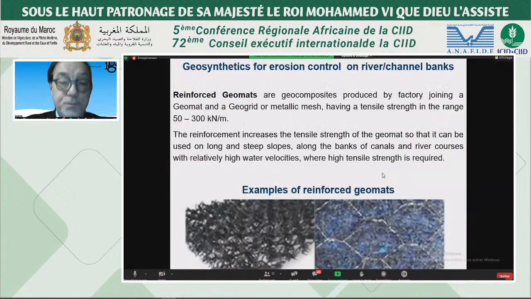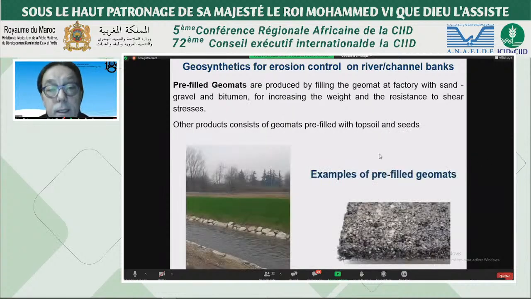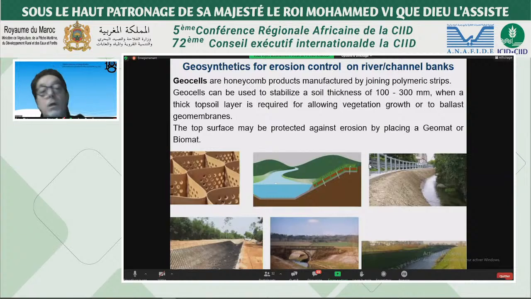Les géomates renforcés, ce sont des géocomposites. D'autres géomates géosynthétiques sont les géomates préfabriqués, produits par le remplissage des géomates dans des usines avec du gravat, du sable et du bitume pour augmenter la stabilité et le poids du géosynthétique.